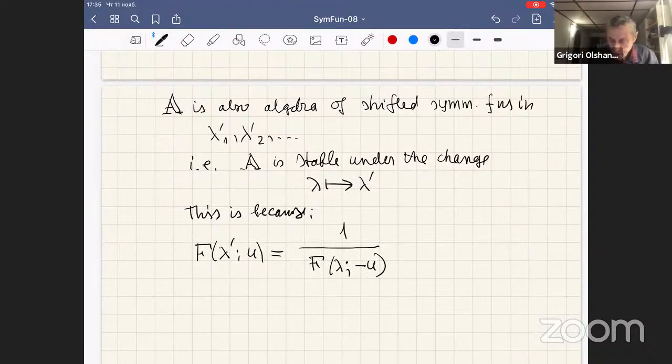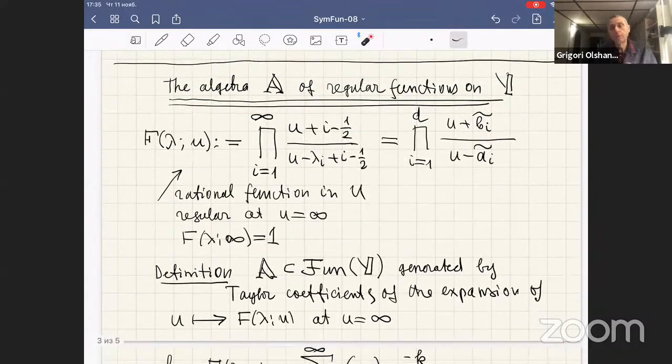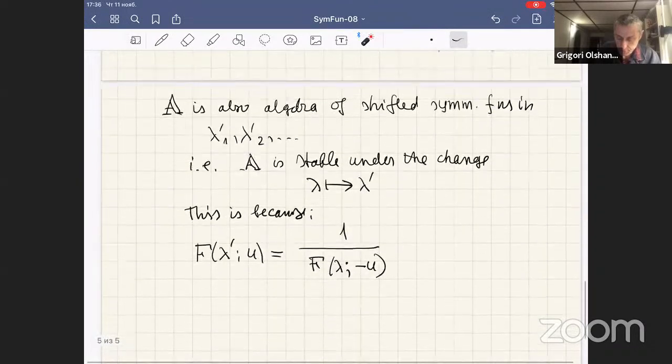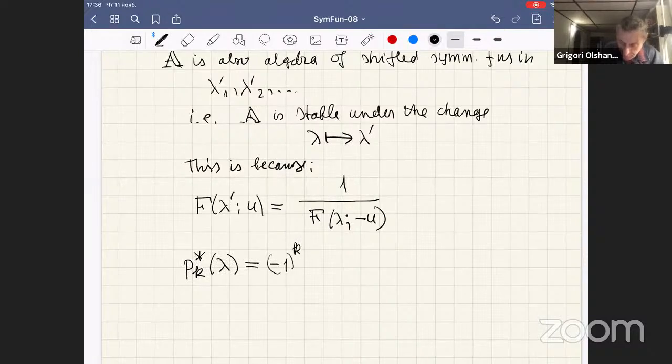This change of sign just amounts to the relation, which is not completely obvious from the initial definition, that it is equal to lambda transpose. So we see that the definition is well balanced.